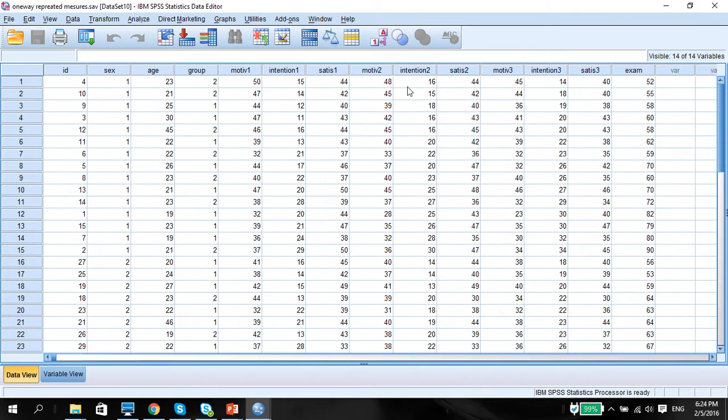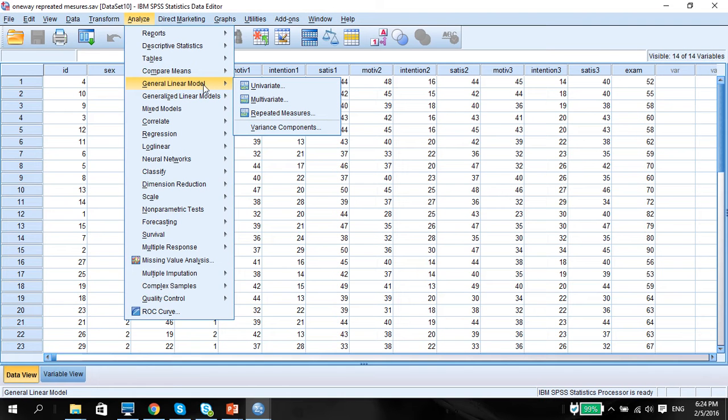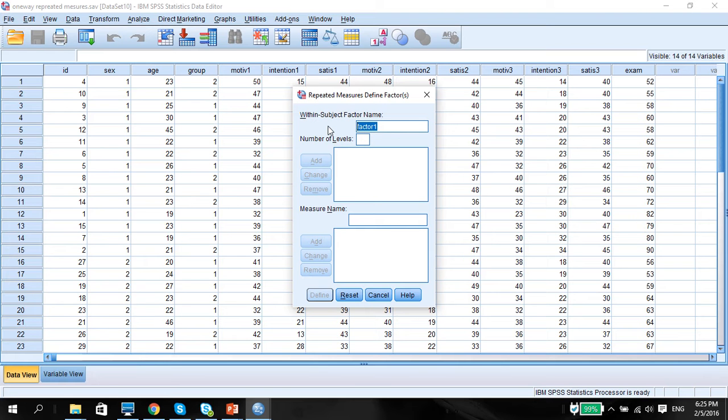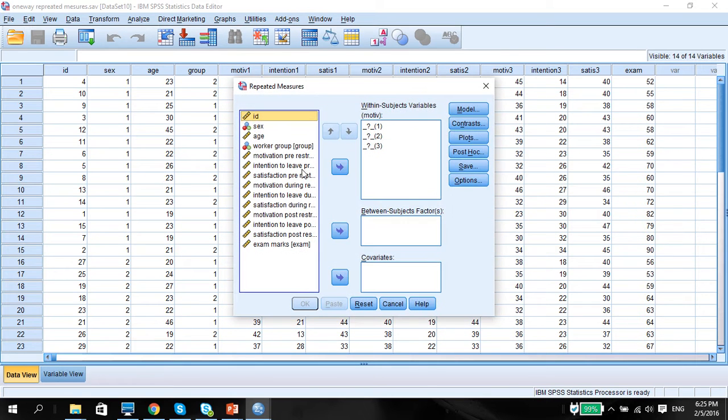We're going to go to Analyze, General Linear Model, and use Repeated Measures. It's always good to put a name with this factor, so I'm going to call it motivation, motive for short. And of course, there are 3 levels to this, so I'm going to add, define, motivation pre as the first factor, motivation during as the second, and motivation post as the third.